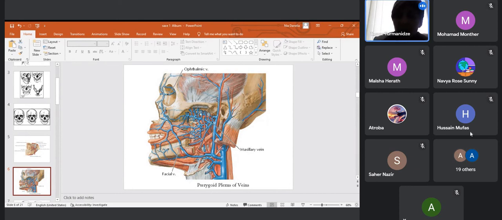I will say more superficially we have what? The pterygoid venous plexus, and behind the plexus is located the maxillary artery.